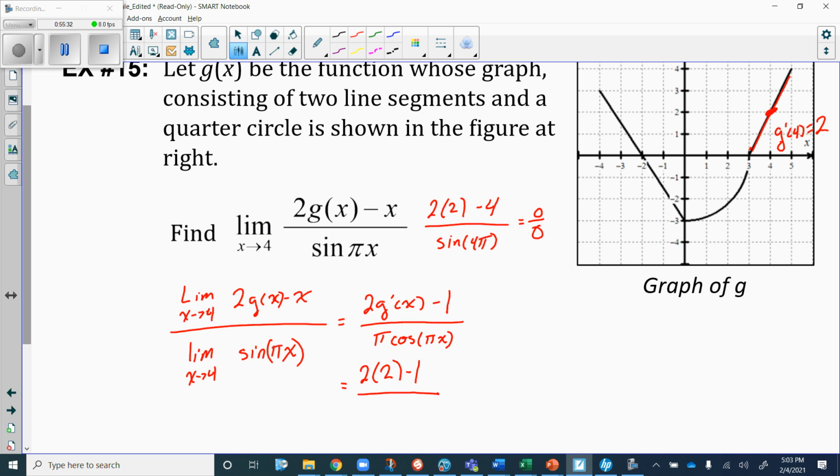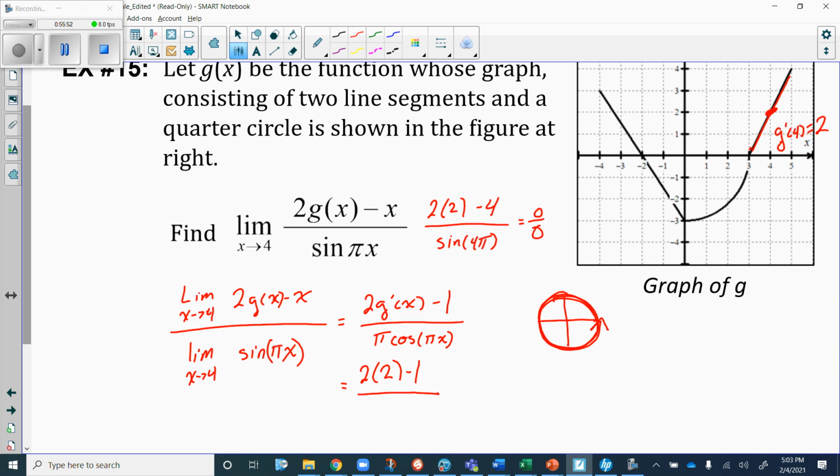And cosine of 4 pi in this case, similar to the sine function, that would just be two complete revolutions around the unit circle, once, twice, and we just wind up right here.